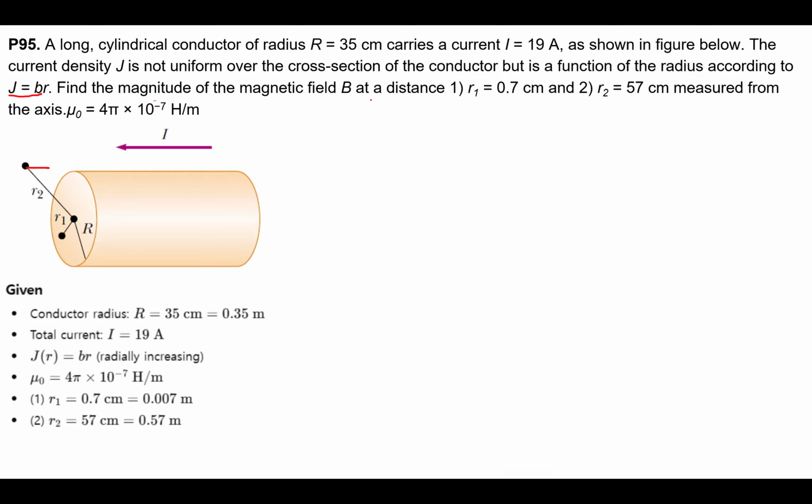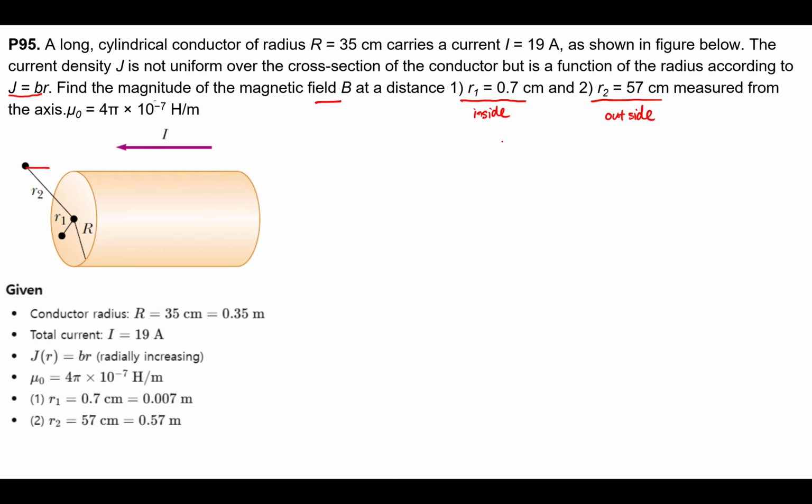Find the magnitude of the magnetic field B at the distance R1 equal to 0.7 centimeters, which is inside, and R2 equal to 50 centimeters, outside of the cylindrical conductor.